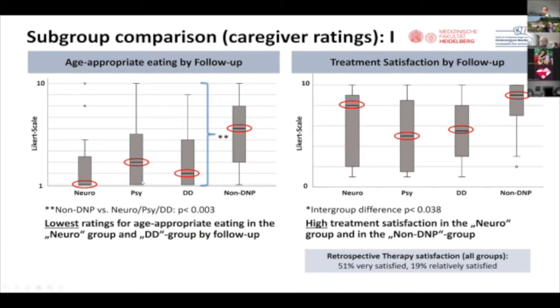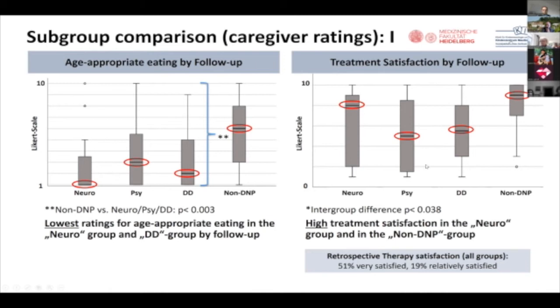Actually, also in the other groups, the children still had some problems with age-appropriate eating, but the best group was, as expected, the children without severe developmental delays or developmental disorders, and these differences were significant from this group to the other groups.